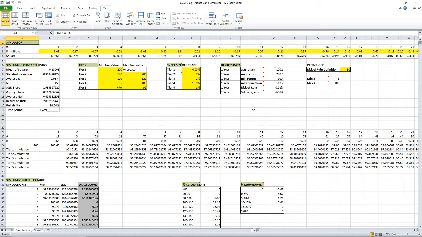But at the end of the day, it's a simulator that gives you a good idea of what you can expect potentially, and it's something I use more as a source of negative knowledge.